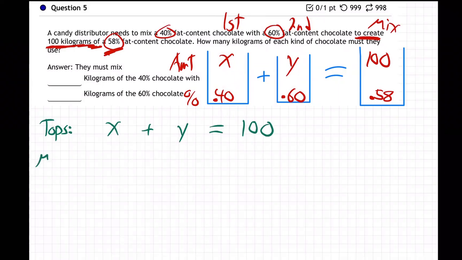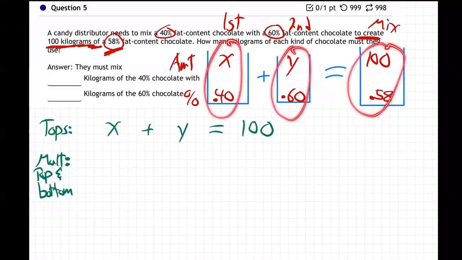And the second one comes from the multiply. We multiply top and bottom, top and bottom, top and bottom. We'll multiply those.